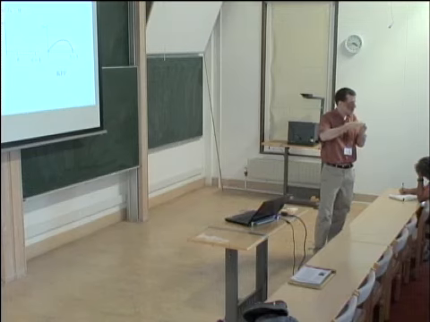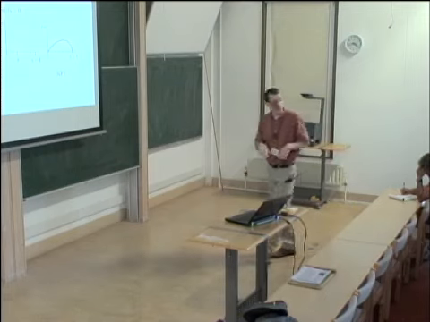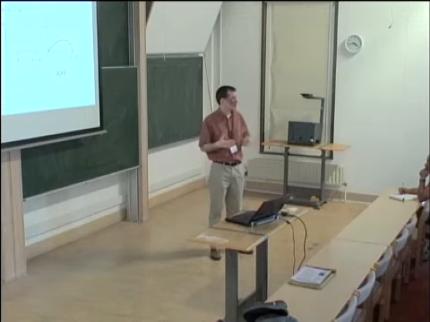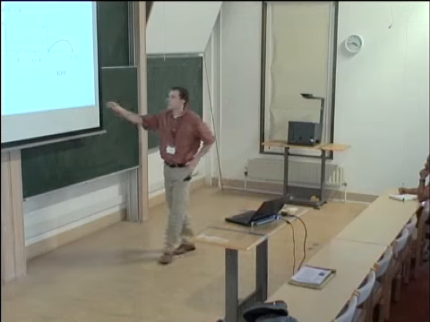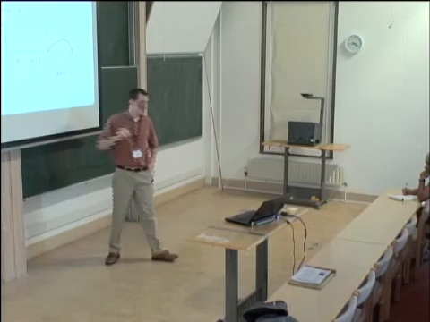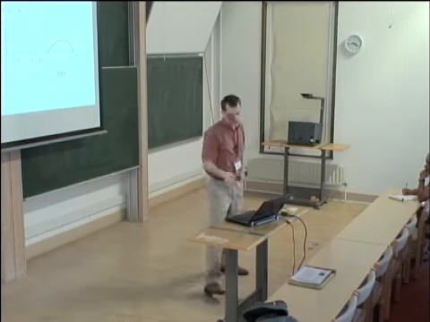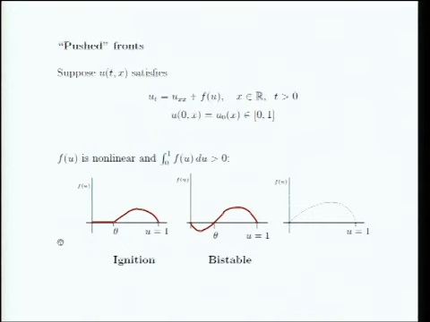There's the region where the solution is very close to 0. Okay? And one can learn a lot about the behavior of the solutions from linearizing the equation around this unstable equilibrium. Okay? So in the other case, the behavior of the front is really determined globally, and linearization doesn't help understand its asymptotic behavior. Okay?